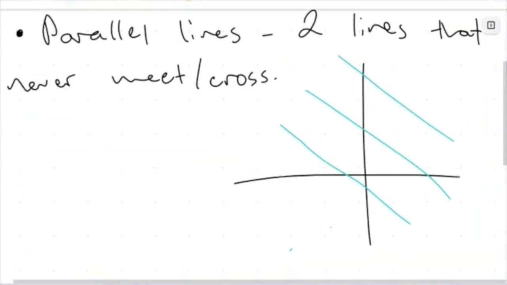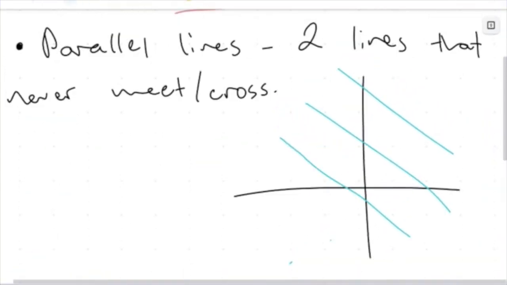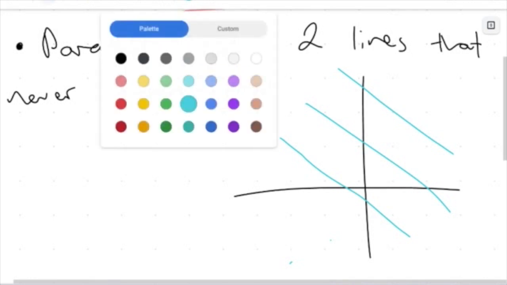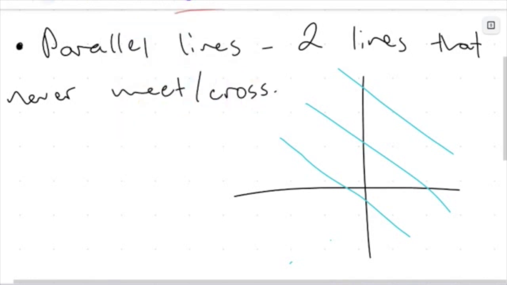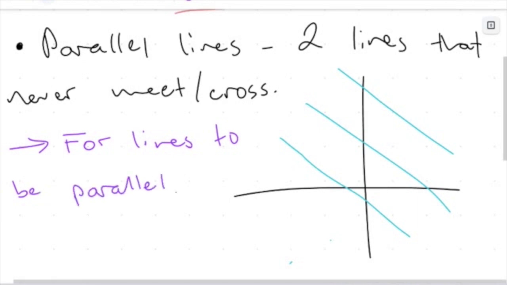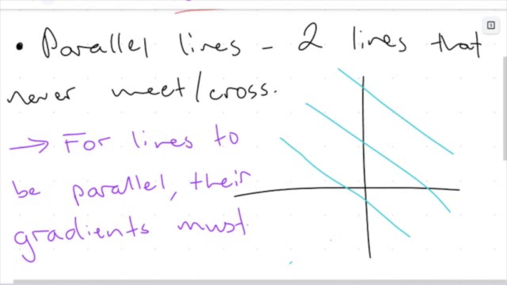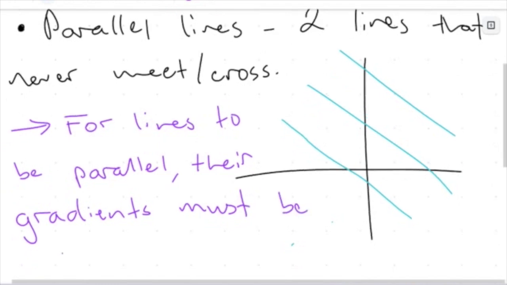So for lines to be parallel, let's write that down here: their gradients must be equal.